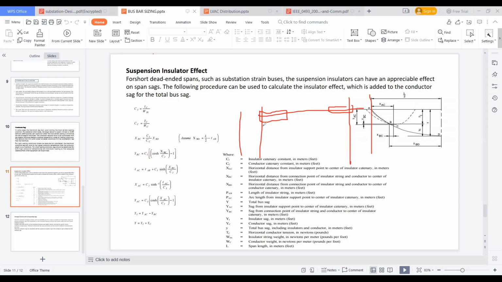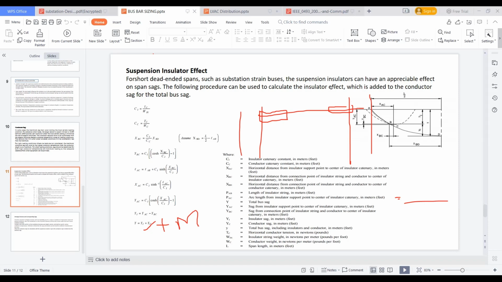So this suspension insulator effect we have to calculate, and find out the sag due to the suspension insulator. And this we add to the total maximum sag, or if you have the data from the manufacturers or sag templates, that will give you the total sag for your conductor. Based on this, you choose the tension, maintain the clearances, and select the structures.